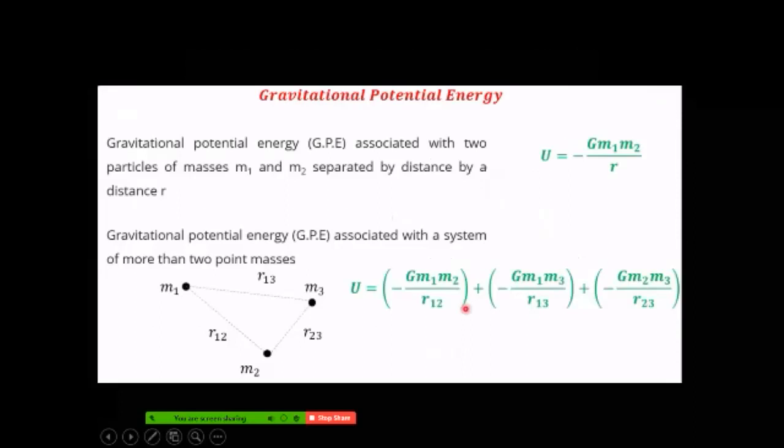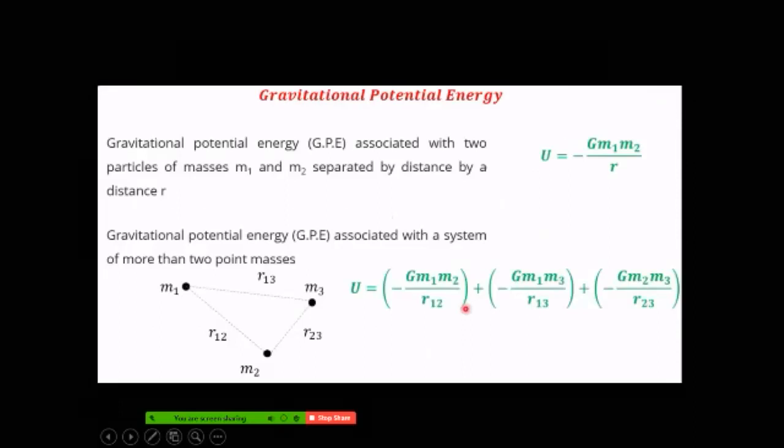Gravitational potential energy, students, that is called GPE, associated with two particles of masses m1 and m2, we write U is equal to minus capital G m1 m2 by r, where r is the distance. Suppose the gravitational potential energy is associated with a system of m1, m2, m3. So m1 to m2 has some distance r12, m2 to m3 has some distance r23, and m3 to m1 has some distance r13.